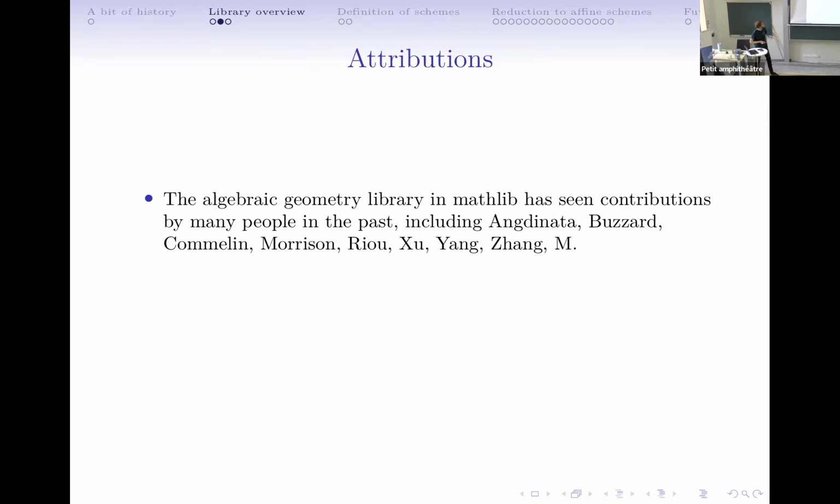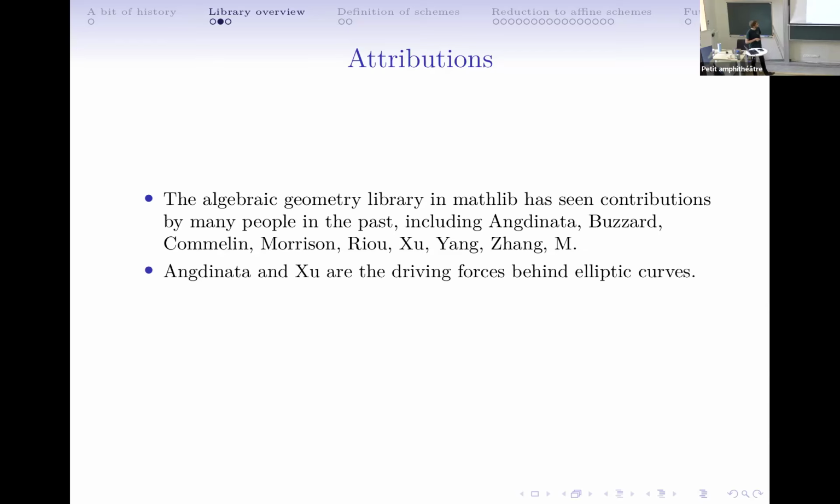Okay, and also I want to say that I'm just one contributor to this algebraic geometry library in mathlib. There are many, many people that worked on this. I'm just listing a few of them here, and I certainly missed someone, but those are the ones that significantly contributed to mathlib algebraic geometry over the past years.